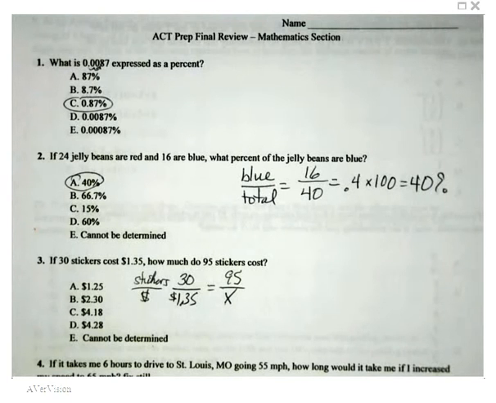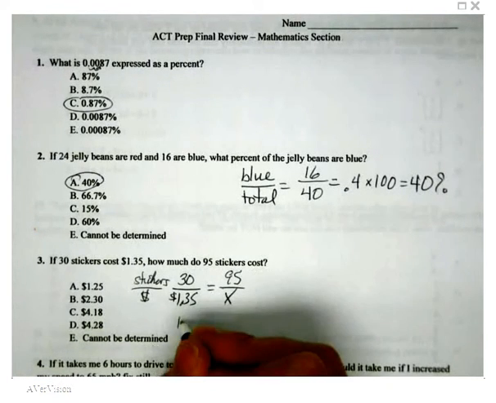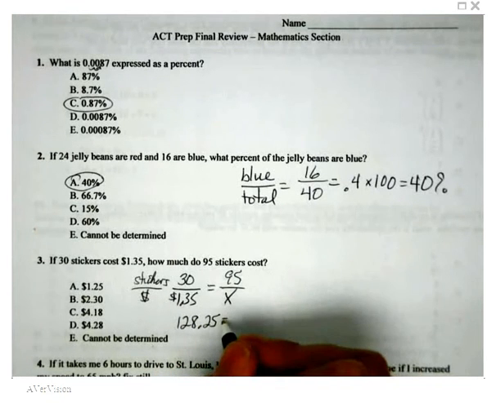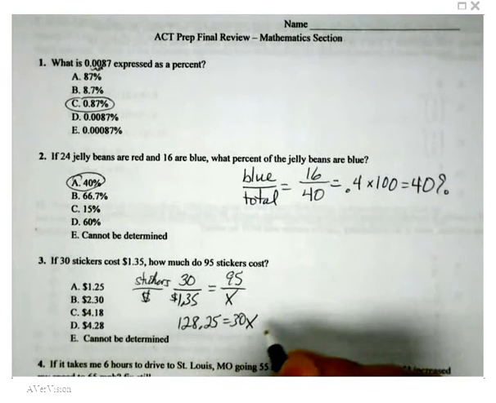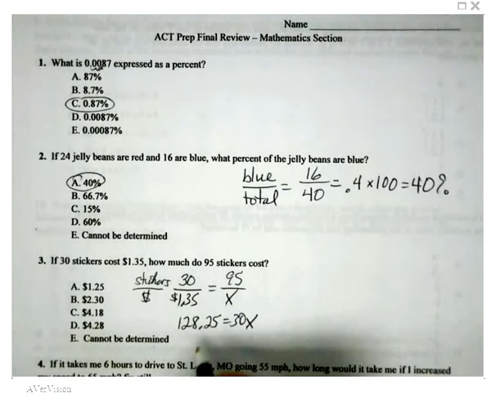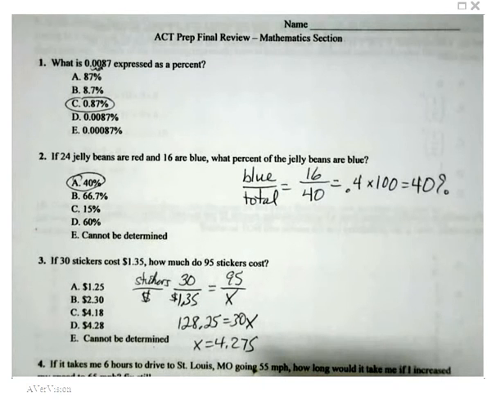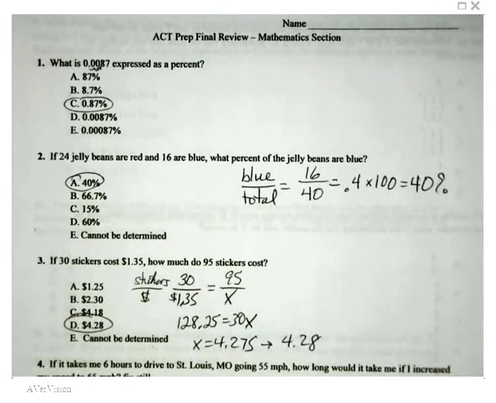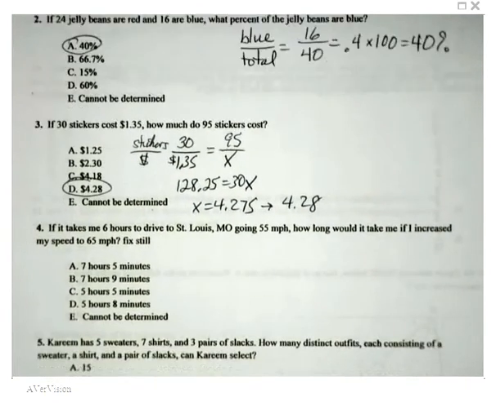So type in $1.35 times 95, which would be 128.25, and that would be equal to 30x. And then we divide by 30, and you get 4.275. Now again, we don't talk about money this way, so round to the nearest cent, and we're looking at $4.28. So kind of keep working along with this here.